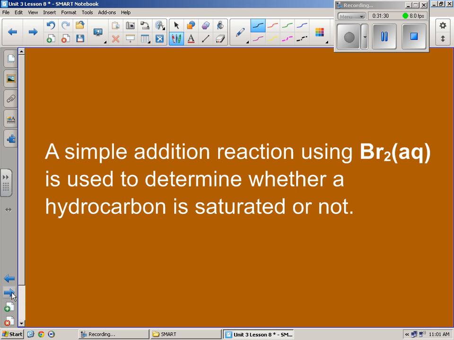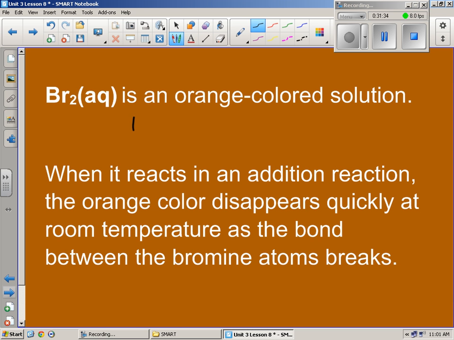Because Br2, when the Br atoms are linked together like this in an aqueous solution, in water, is an orange color. Okay? So this Br2 is an orange color when it's placed into water.